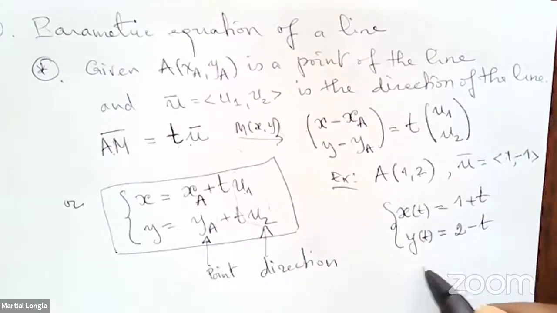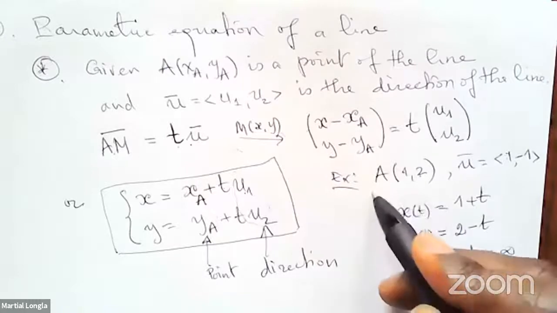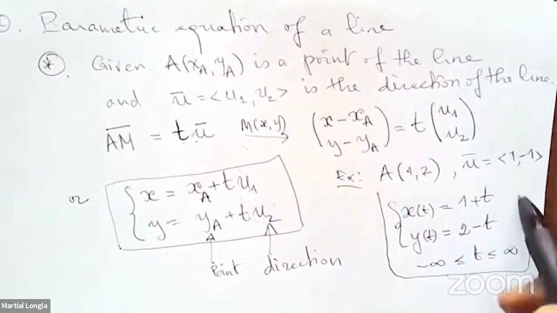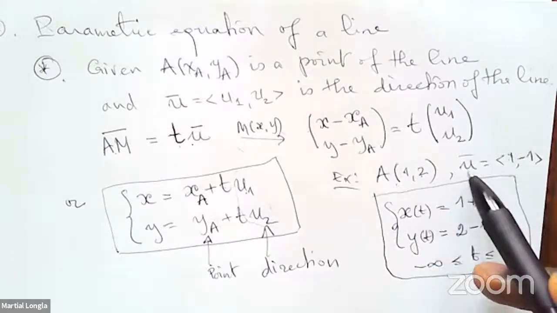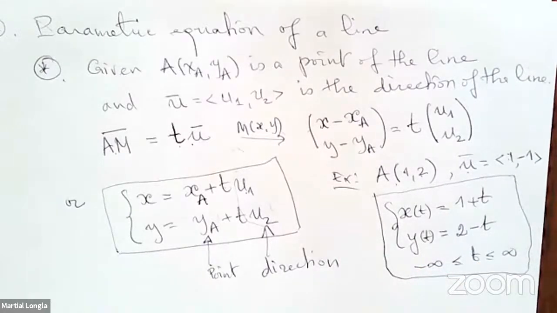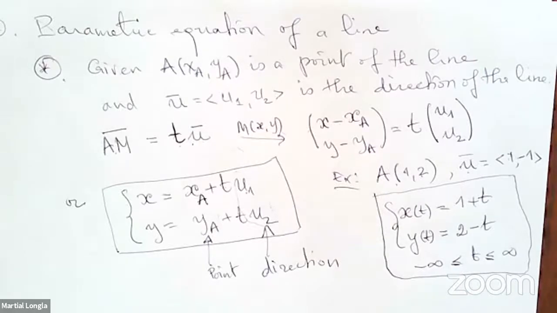With negative infinity less than or equal to t less than or equal to infinity. This is the equation of the line that goes through A in the direction U. And it's important to know that here t is from negative infinity to infinity. That's what makes it a line.